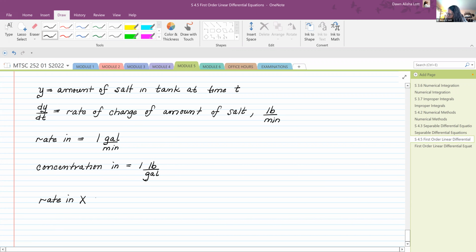So now if I take the rate in times the concentration in, that's going to give me 1 gallon per minute times 1 pound per gallon. And as you can see, gallon units are going to divide out.